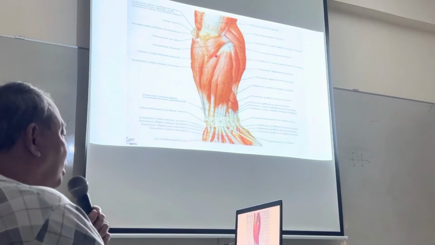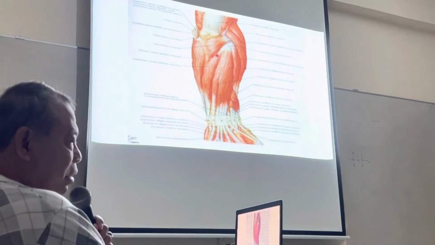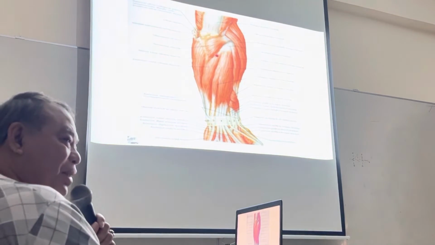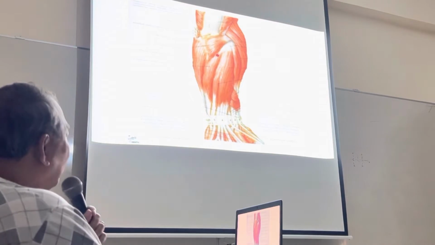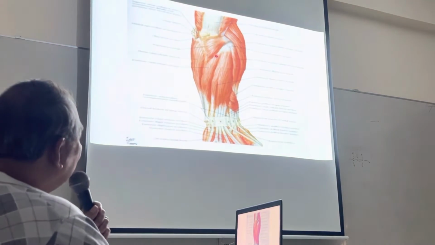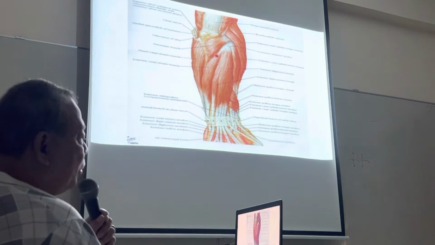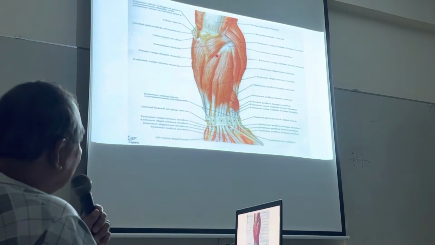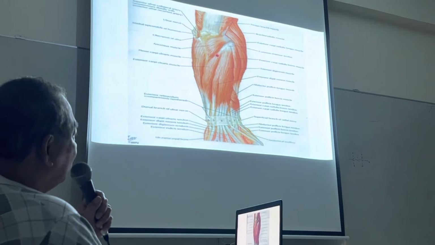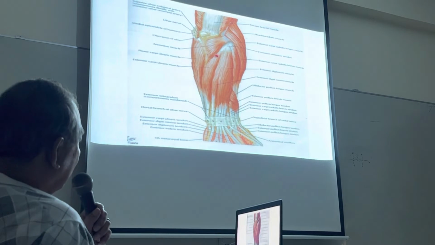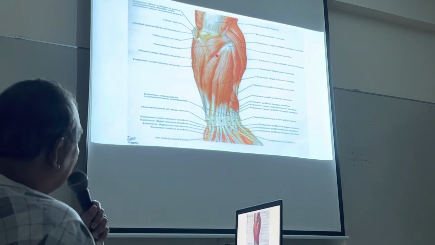When we say digits, what bone is in the digits? Phalanges. So you expect that this muscle will be inserted into the phalanges. In fact, it is inserted into the phalanges through the so-called dorsal expansion of the tendon.